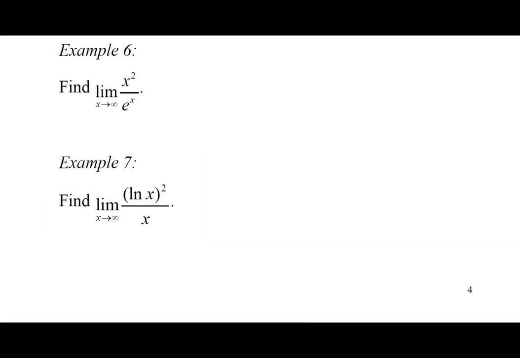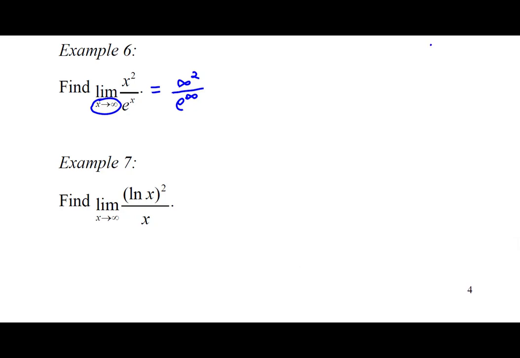Example 6, find the limit of x squared divided by e to the power of x, as x approaches infinity. Let us try to substitute the value. So infinity squared divided by e to the power of infinity.